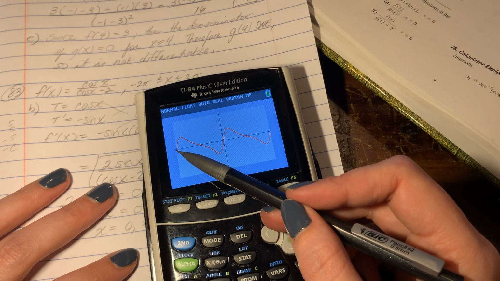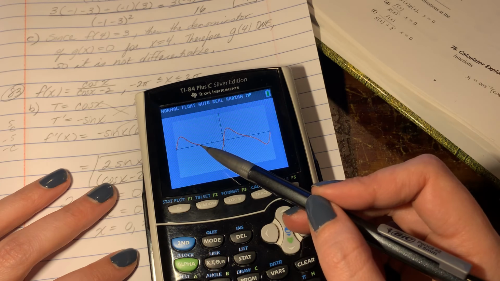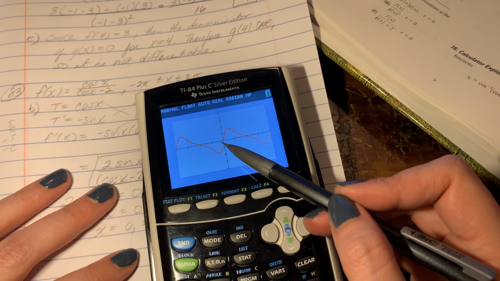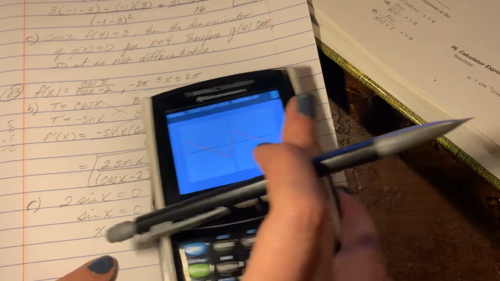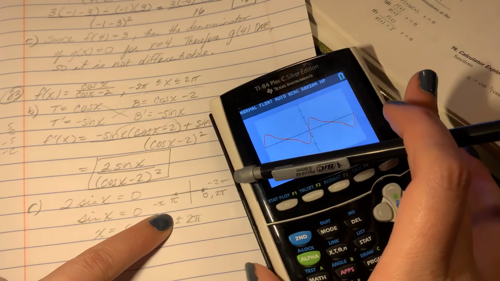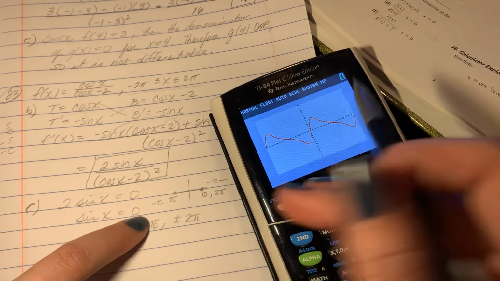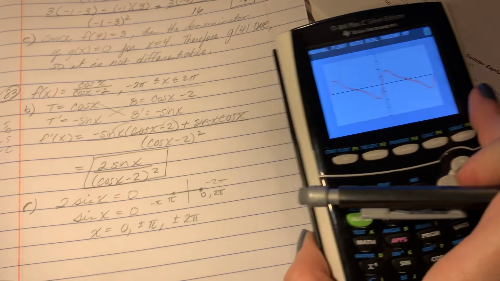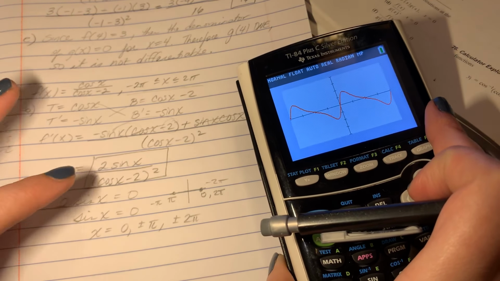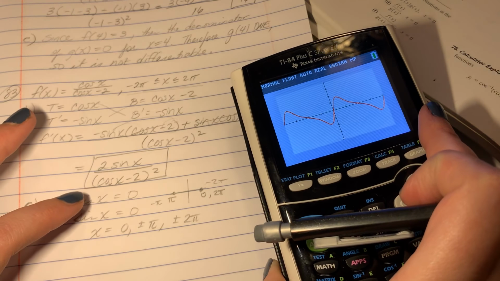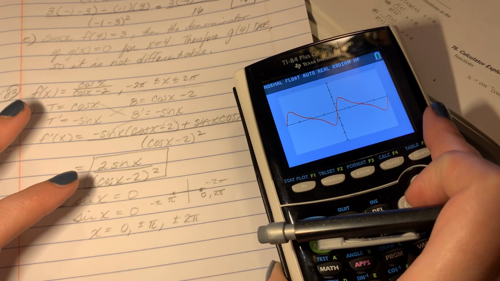So that would be negative 2 pi, negative pi, 0, pi, 2 pi. And that would give me my answer without having to know anything about my unit circle or anything. You just graph the derivative and find its zeros. Okay? Use the information obtained from parts A and C to find the range of f.